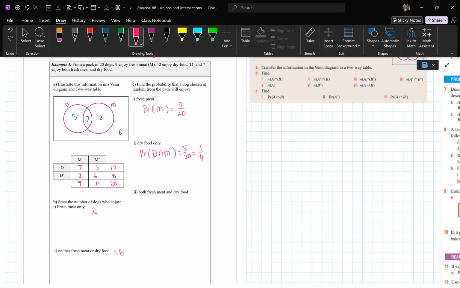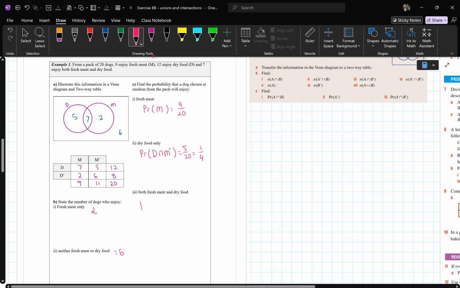What about both fresh meat and dry food? Well, that means you're looking for dry food and then fresh meat. So when you look at the table there, you can see that's 7 out of your 20. That's your chances there.